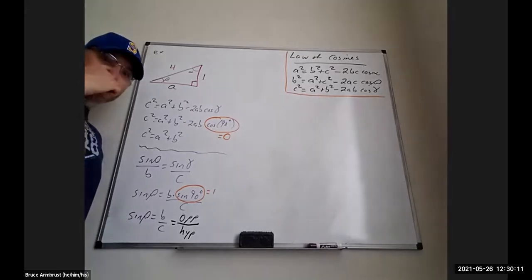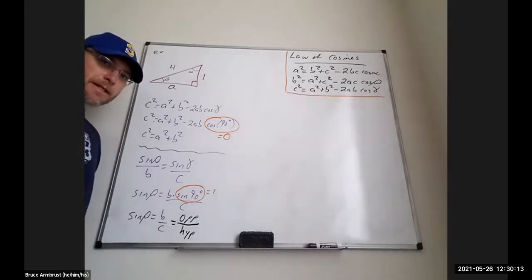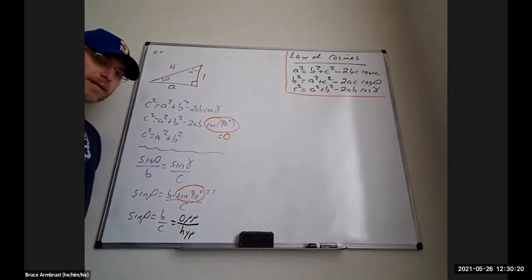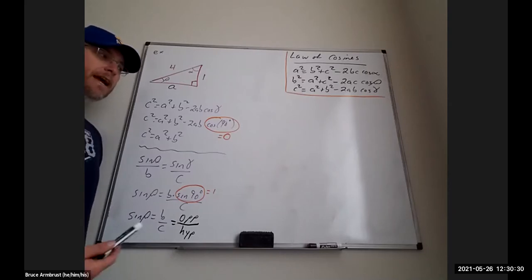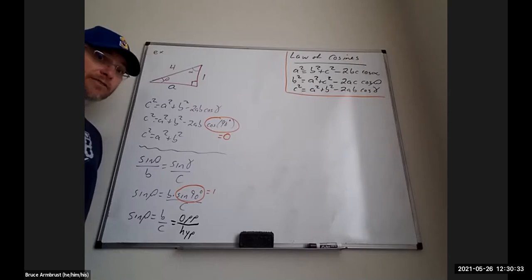When you did just the good old sine is opposite over hypotenuse, that was the law of sines, where we're in a right triangle. So you've been doing law of sines and law of cosines for a long time. You just didn't know it. And now we're able to extend it to other kinds of triangles that are not right.